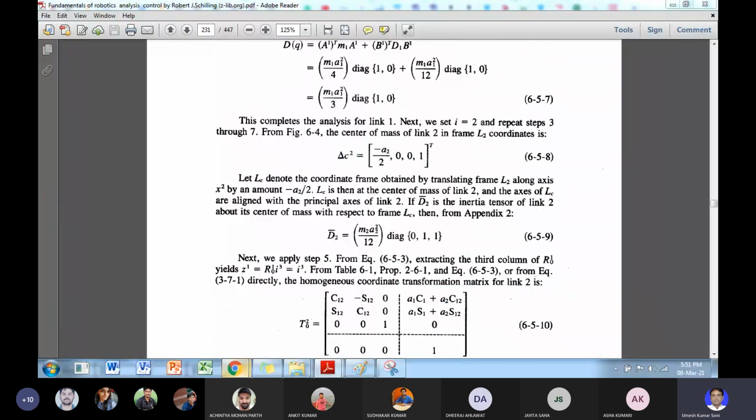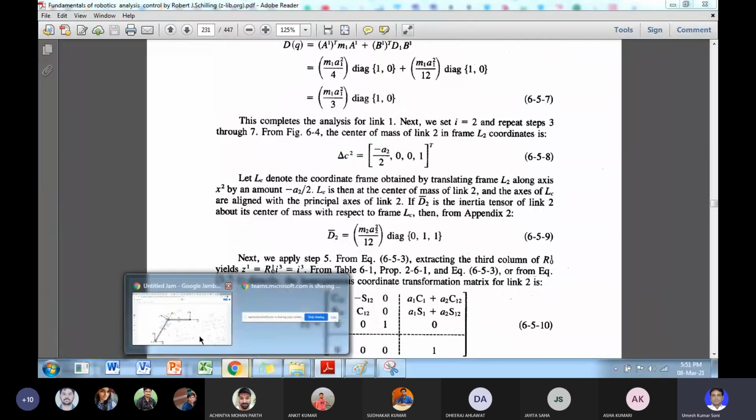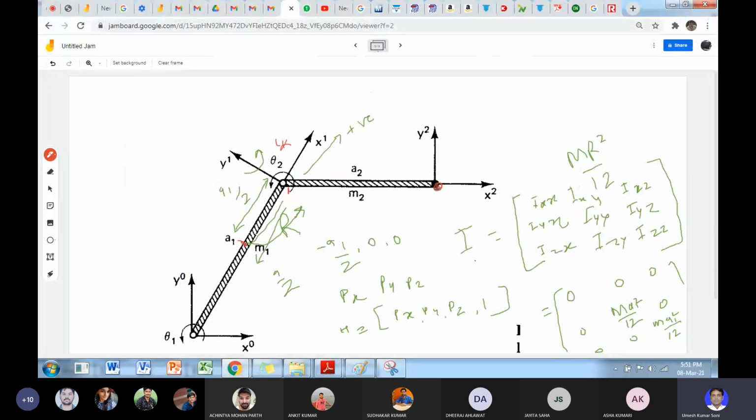In the second link, what will be the condition? This is the origin of the L2 frame, k equal to 2. Then with respect to this origin, what is the coordinate of this center of mass?